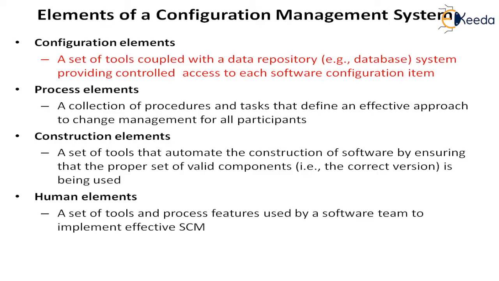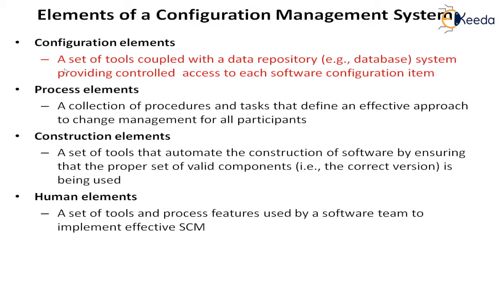So in the last lesson, if you remember, we had seen this slide when we were going through the elements of the configuration management system. And we had said that there are 4 types of elements that a configuration management system needs to have.